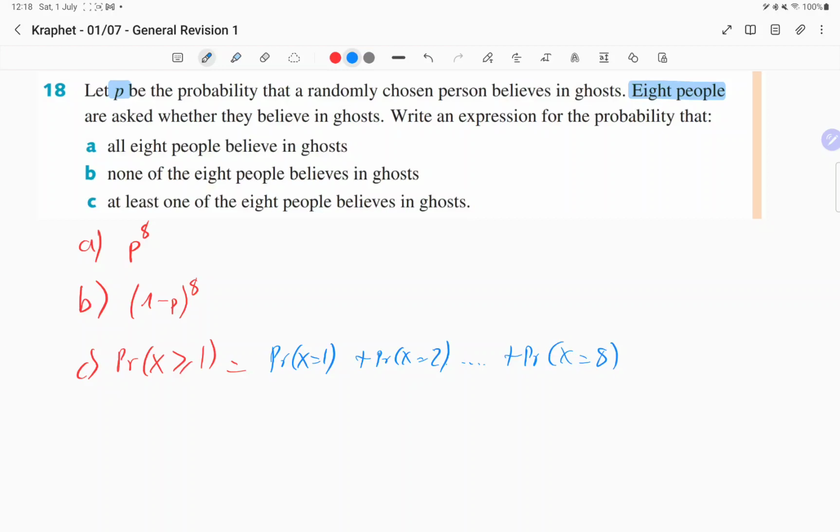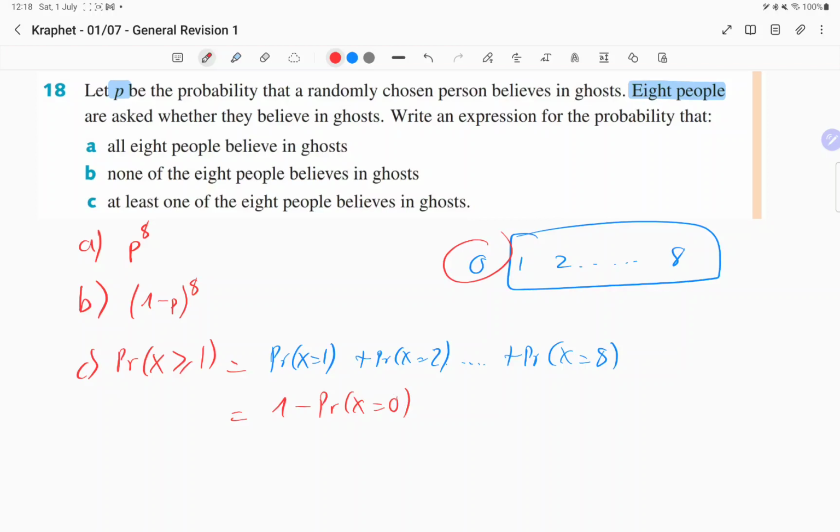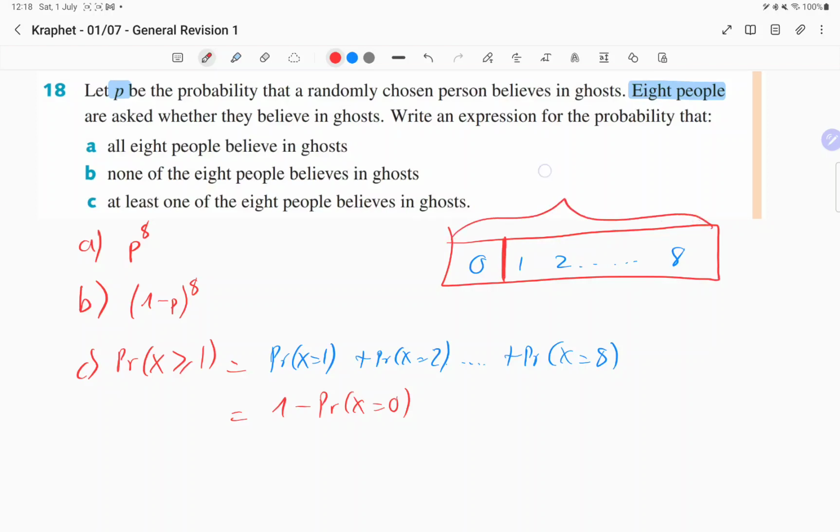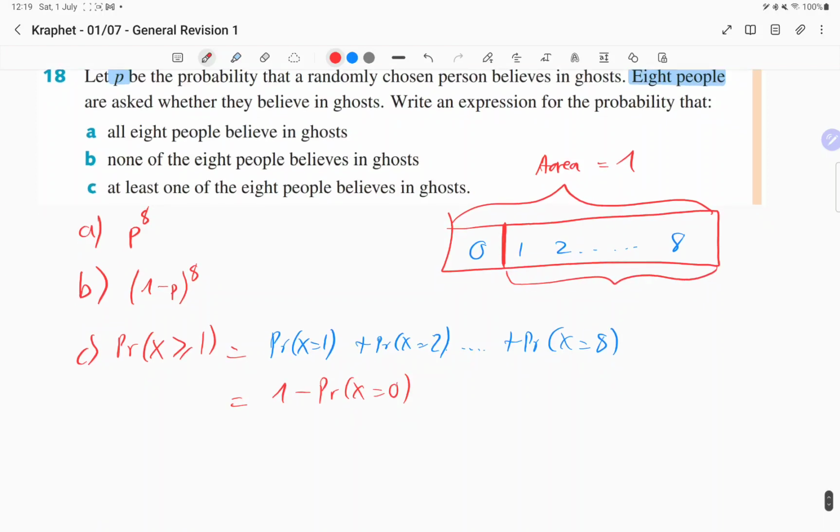Probably. What are the numbers? 0, 1, 2, 3, 4, 5, 6, 7, 8. You want 1 onwards. It's the same as 1 minus the probability of x equals 0. The whole box has the total probability of 1, so if you want 1 onwards, it's just 1 minus the left-hand side.